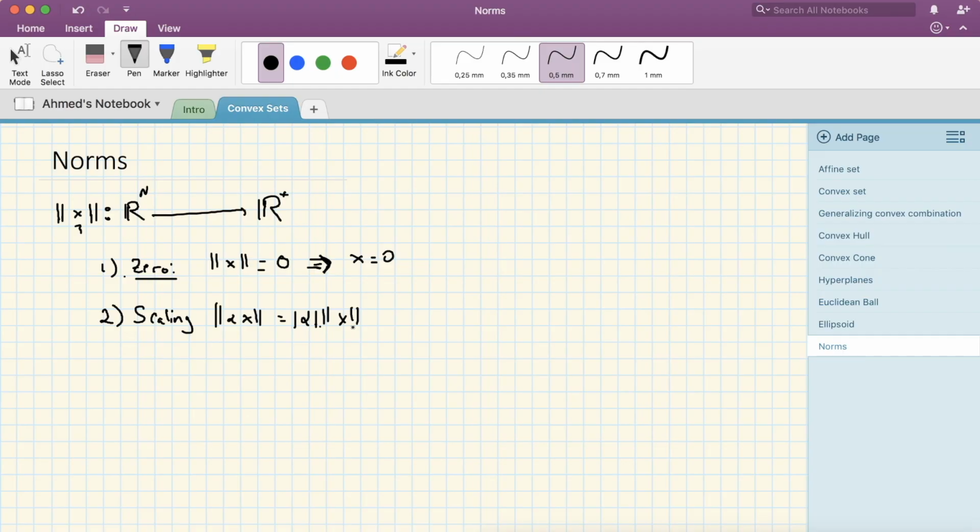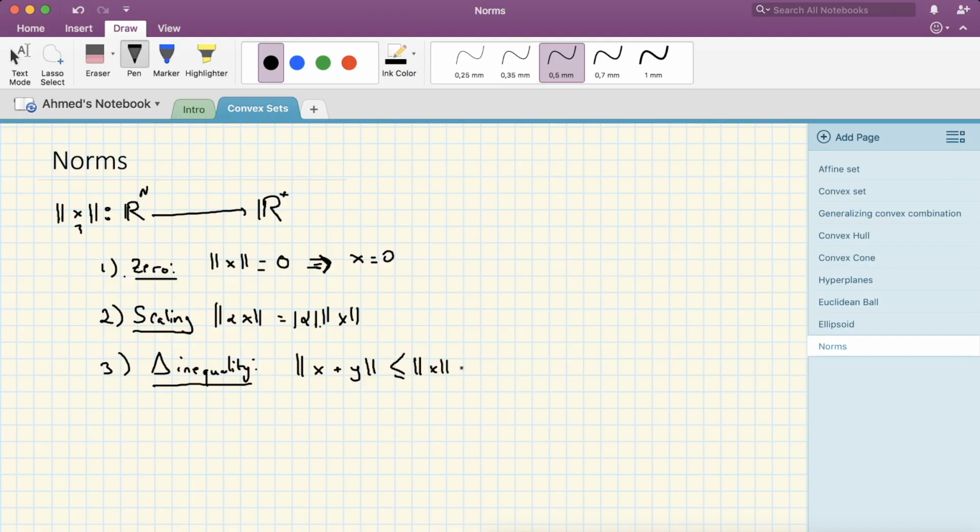If you can extract it, you should extract it in the positive sense. You can't say it's -2 times something positive, which is negative, which ruins the definition. No, we have to maintain the positivity or the non-negativity of the norm. That's property number 2.